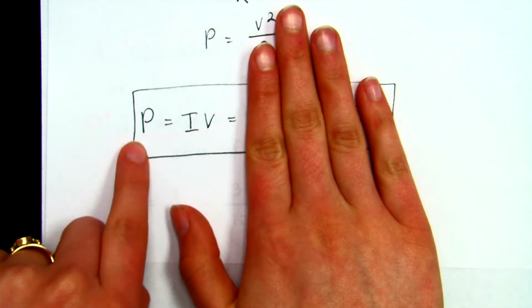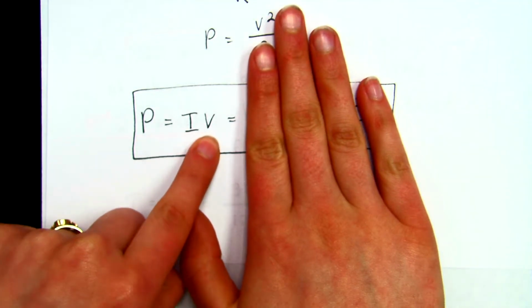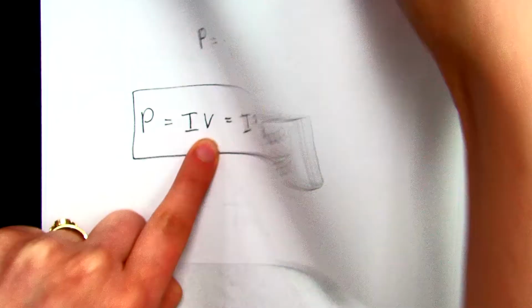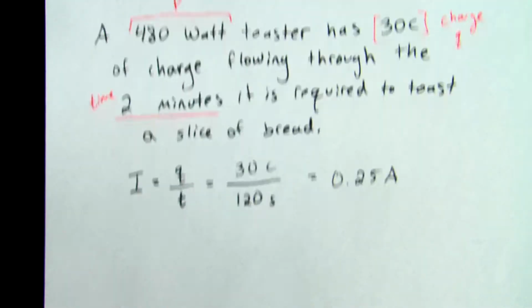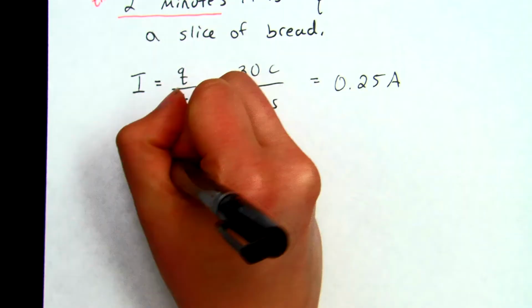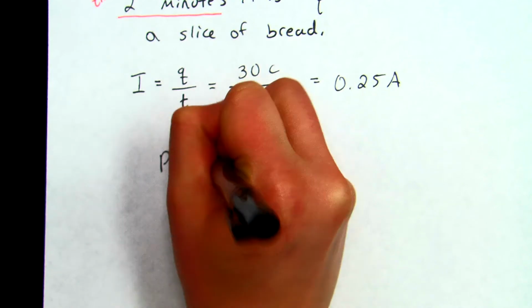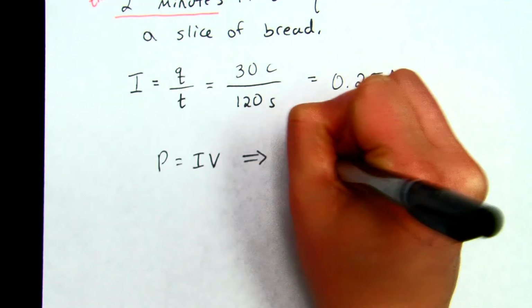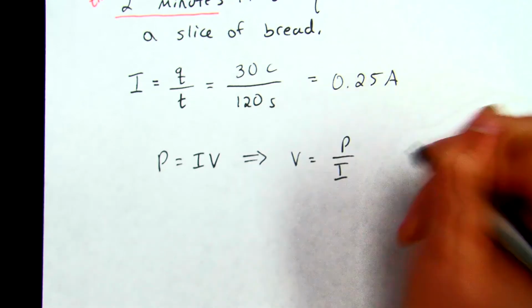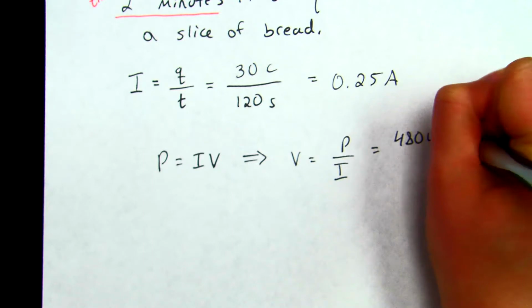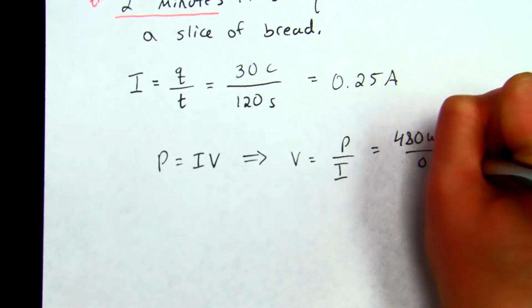We've got power, so we could find the voltage of the toaster. So if we do P is equal to IV, we would rearrange that so that we got V is equal to P over I. And we would look at 480 watts over 0.25 amps.